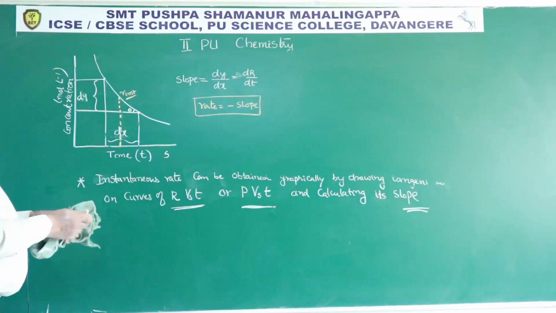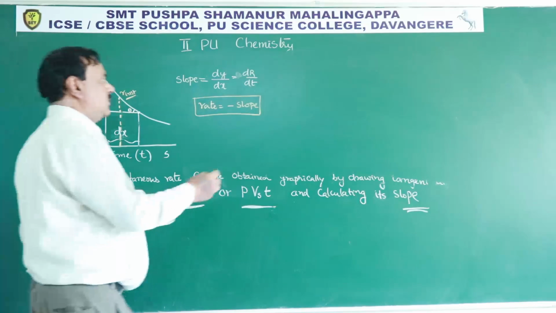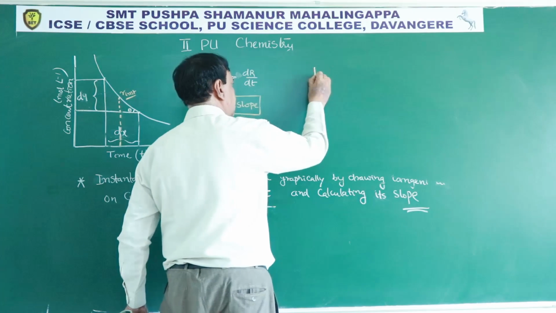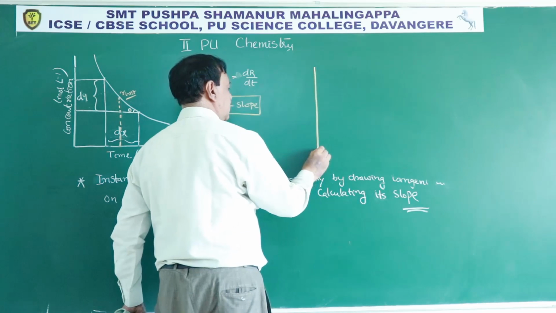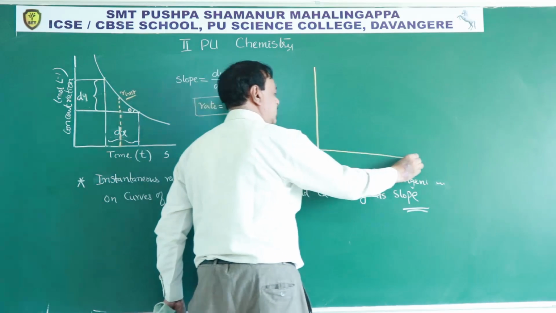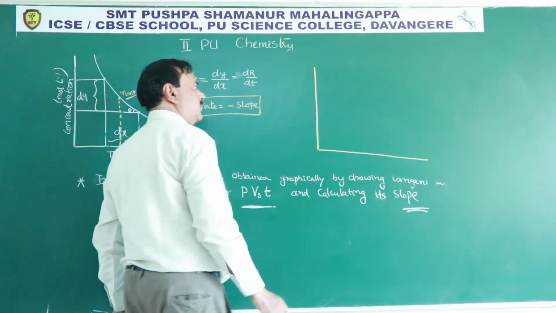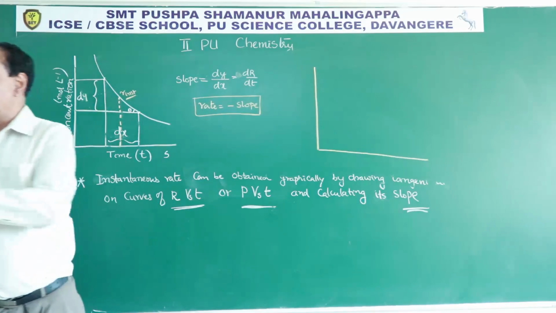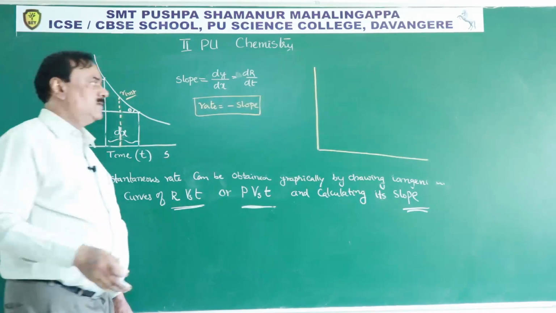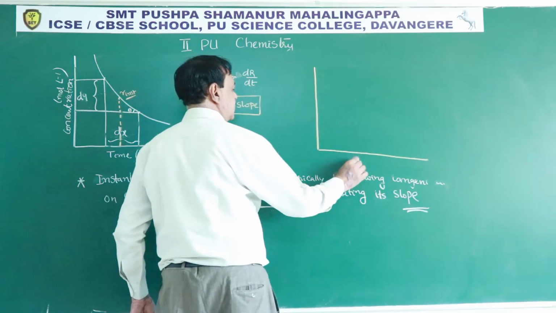Similarly, we can draw it with respect to the product side also. To draw the product side, this is concentration and this is time. The concentration of the product increases.